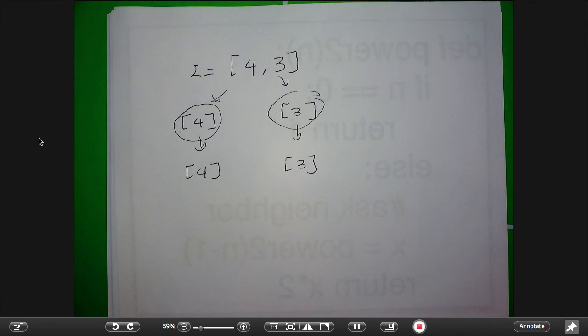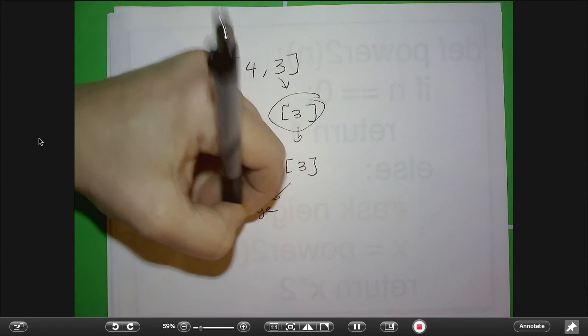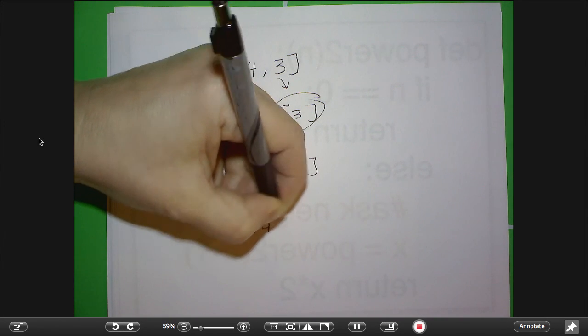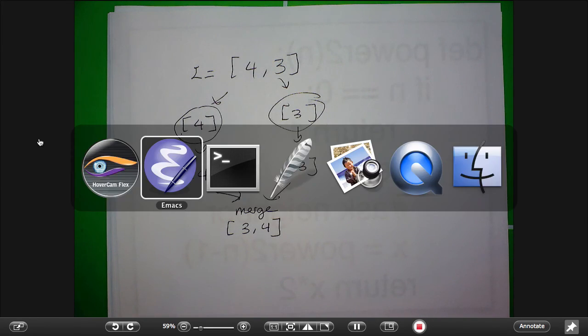What is the next step? Next step, I need to merge them, right? Merge them in sorted order so that I will get 3 and 4. So I'm going to write that.